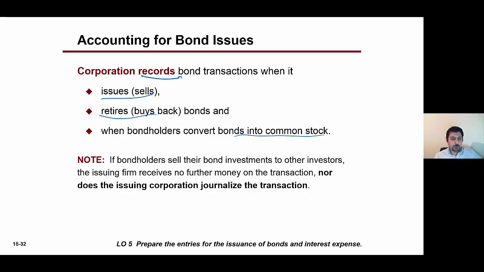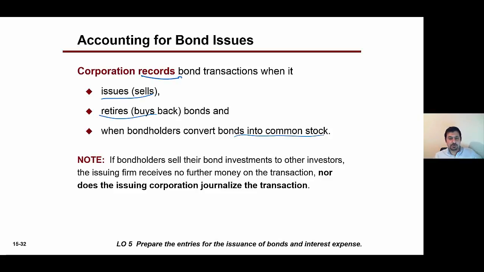If a bondholder sells the bond to another investor, the company will keep track of the owner of the bond in order to send them the interest later on, but the company will not make any journal entries for the sale of that bond, because in this case it will be between investor 1 and investor 2.